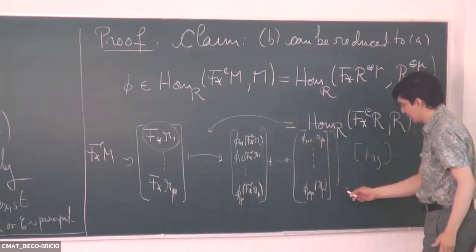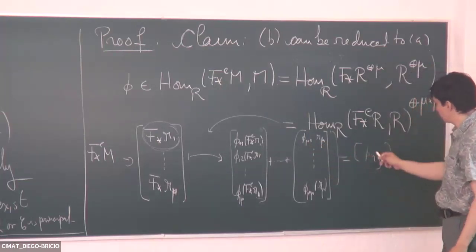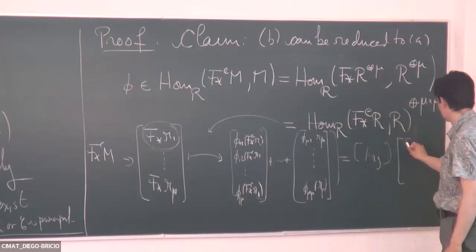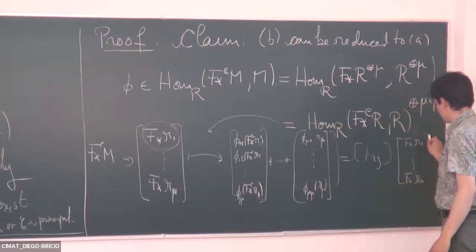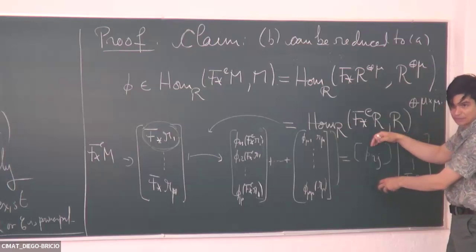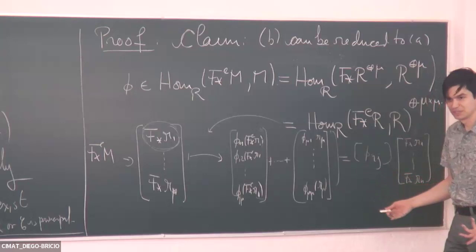But the action is like a vector thing. So I could have written this as equal to this matrix of maps acting on that vector. I take this, I multiply by that matrix of maps, and I spill out the images.